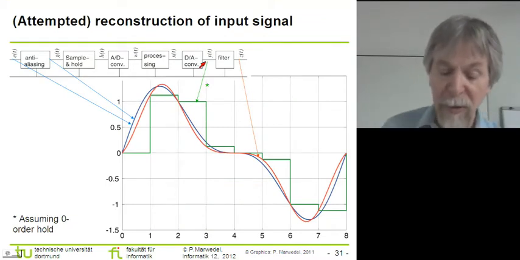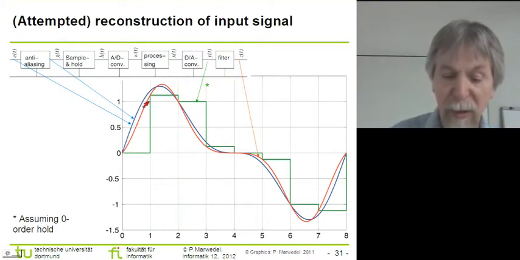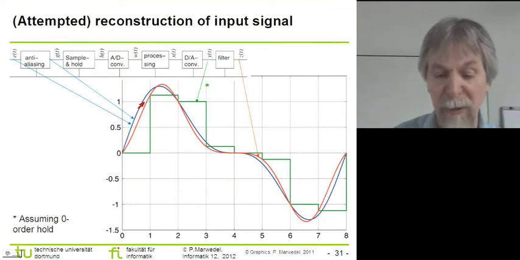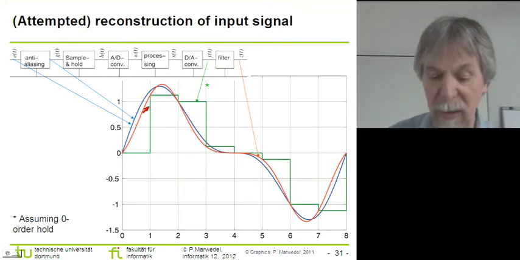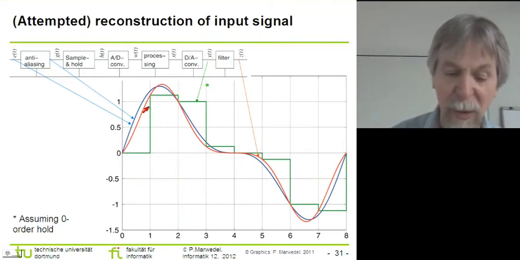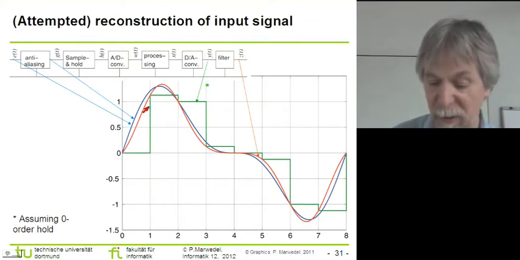So there is some good news and there is some bad news. The good news is that the red curve at least is more similar to the blue curve than the green one. So we have achieved something, but we are not perfect. And in a minute or so, I will talk about the reasons why this approximation is not quite perfect.